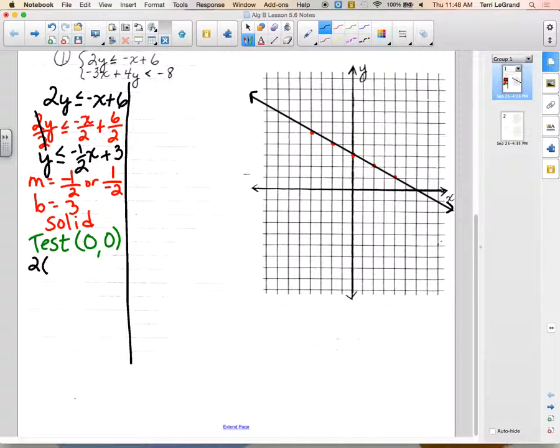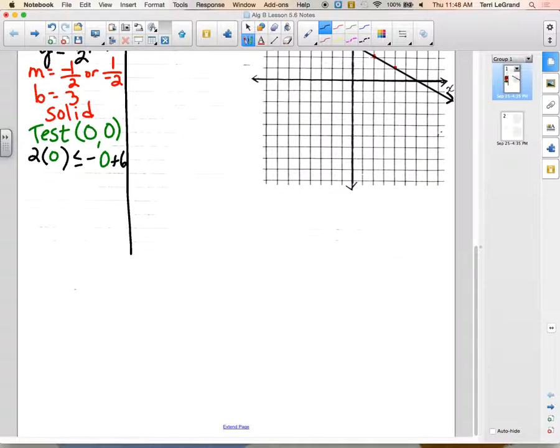2 times 0 is less than or equal to a negative 0 and then plus 6. True. What's 2 times 0 on the left side? 0.